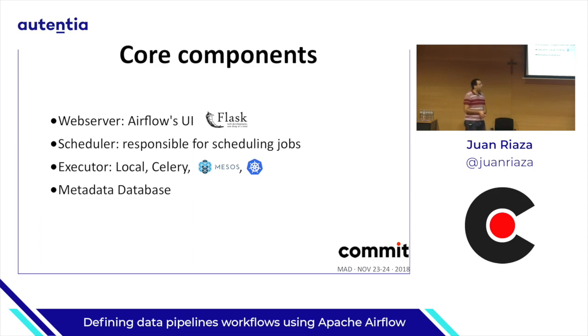But then we have Apache Mesos and Kubernetes since a couple of months ago. So we can just run our workload on Kubernetes on the fly, on demand. And of course, the metadata database, and that could be pretty much anything from SQLite to MySQL to Postgres. Anything that works with SQLAlchemy could be used as a metadata database.